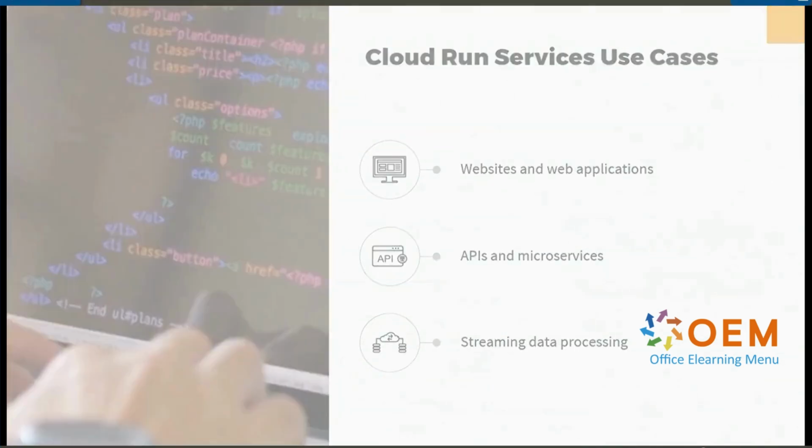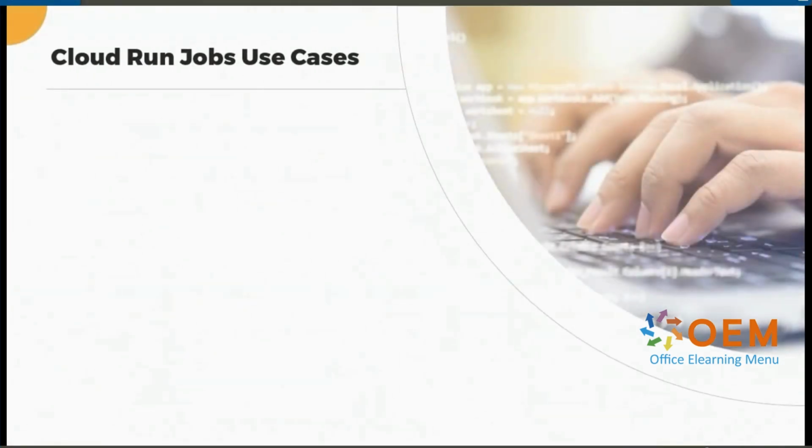So when it comes to Cloud Run jobs use cases, they're particularly useful for tasks that are event-driven or batch-oriented. So a job might be triggered to execute a particular task and then stop when it's done. And that's the real benefit of Cloud Run jobs here.